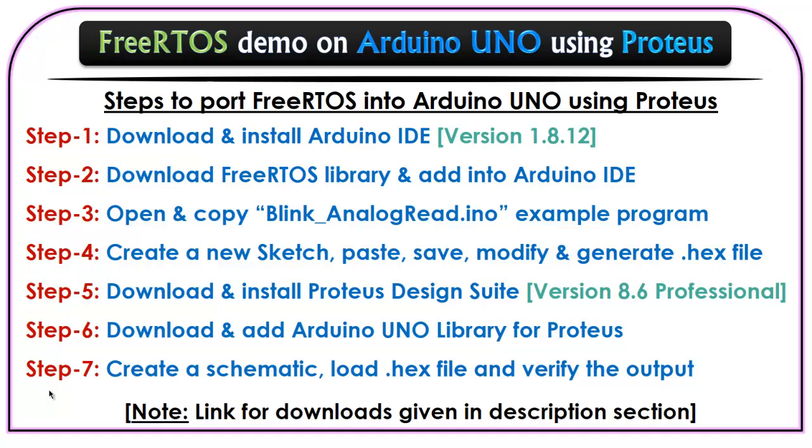And finally, step number 7, we'll be creating a Proteus schematic and loading the hex file we generated in step number 4, and we verify the output functionality. The links for the various software being used in this demonstration are given in the description section.